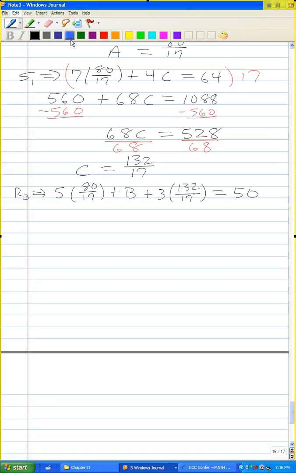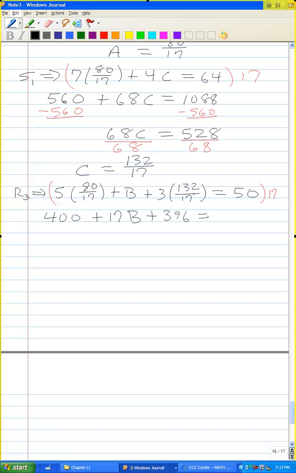Let me multiply both sides of my equation by 17. And so the 17s cancel. 5 times 80, 400, plus 17B, plus 3 times 132, 396. 17s cancel.